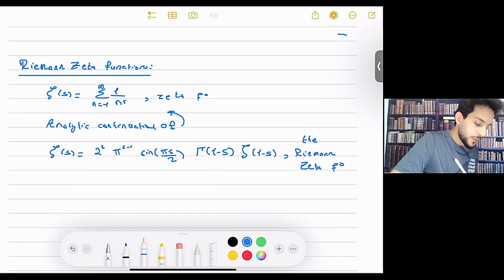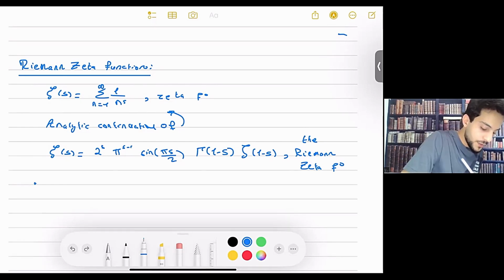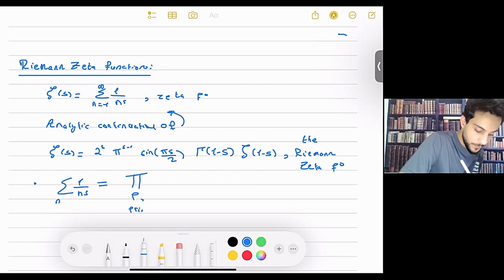But before we talk about this, let us just analyze the zeta function a bit. Well, first of all, it's good to note that the zeta function can in fact be written as the product over all primes of 1 over 1 minus p to the minus s.